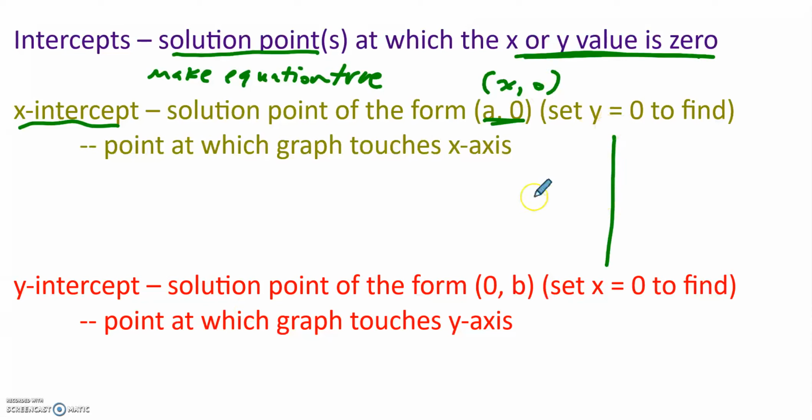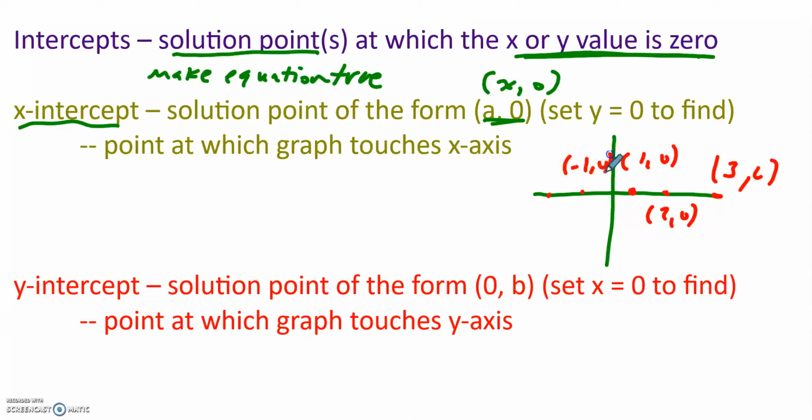The reason that y is always 0 is, if you think about it, if you graph a bunch of x-intercepts and you name some points, we have (1, 0), (2, 0), (3, 0), (-1, 0), and notice that the y value, no matter what, is always 0. And so if you would like to find an x-intercept quickly, all you need to do is plug in y equals 0 and you can find them.